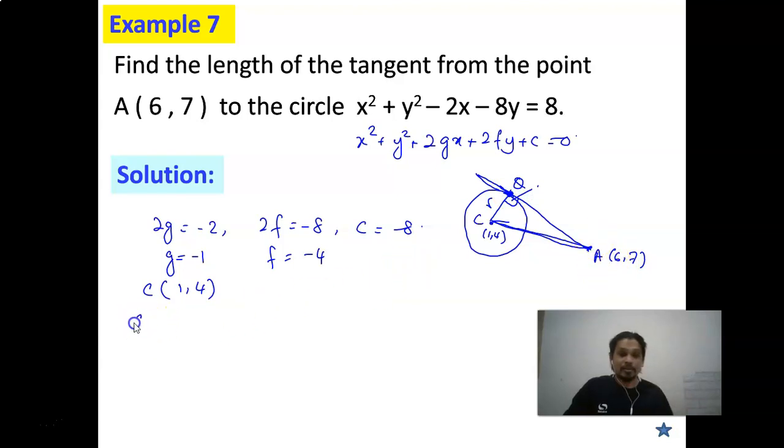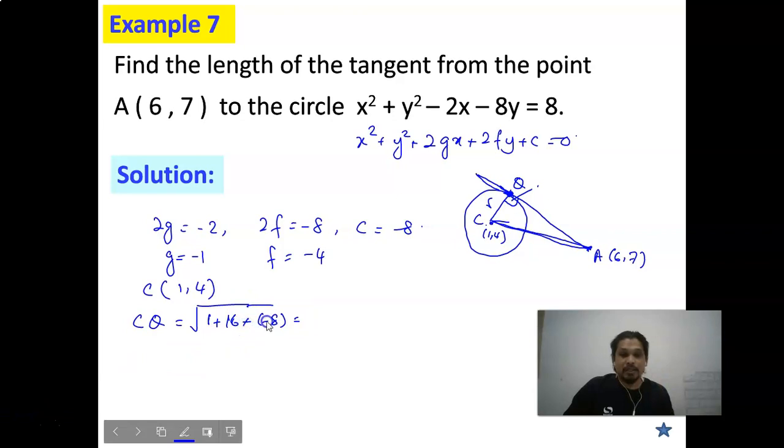Okay, so CQ from C to Q equal to the distance of radius here, which is the square root of g square plus f square minus c. g is negative 1, so negative 1 square is 1, plus negative 4 square equal to 16, minus negative 8.